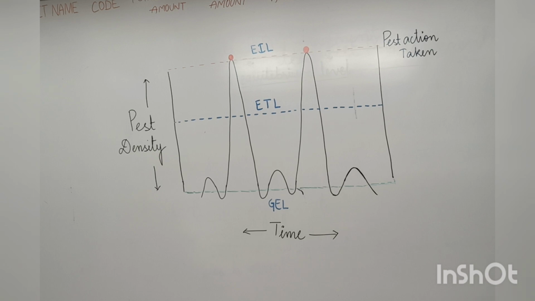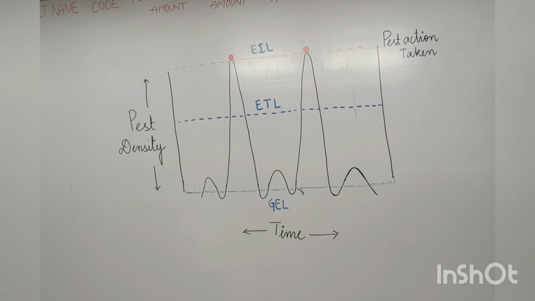And next, coming to the economic threshold level, there will be an increase in the population. As I told earlier, if we find 5 to 10 nymphs or adults in a single leaf, then it is the economic threshold level. In these conditions, we have to apply the control measures to control the pest infestation and also the crop losses.